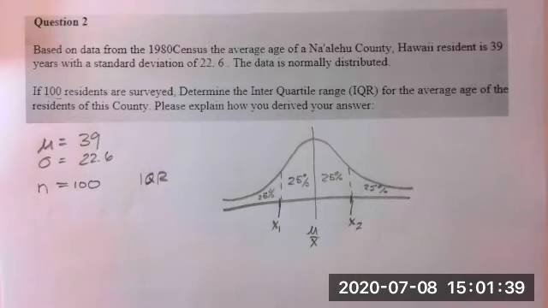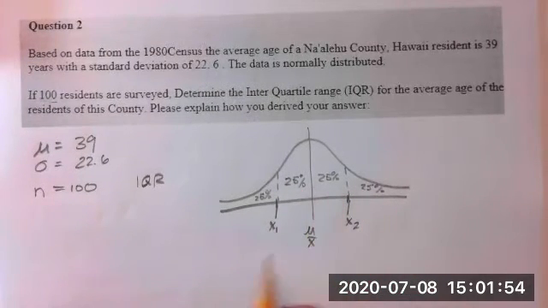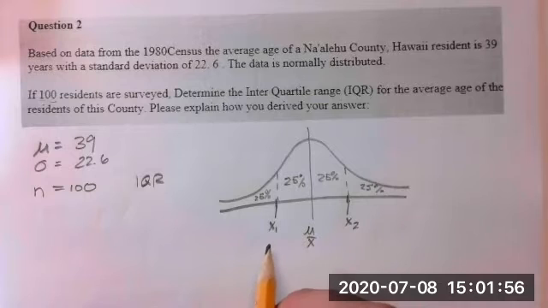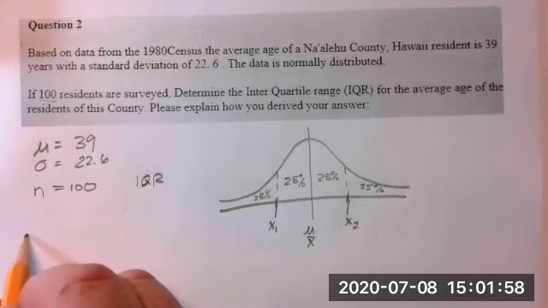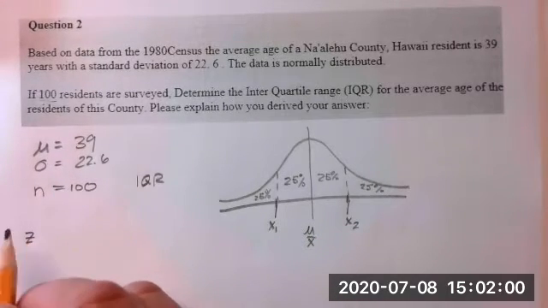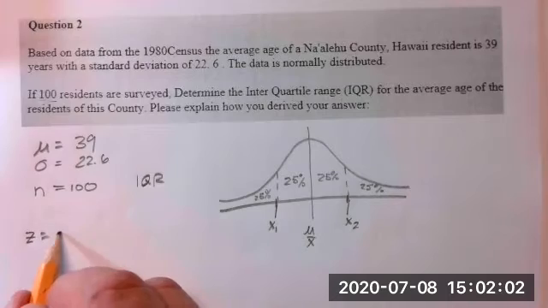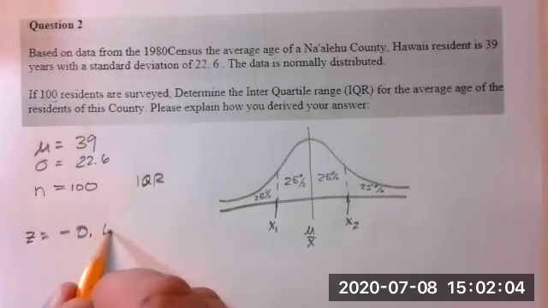There's a couple ways you can do that. You can look up the z values in a table, or you can use the inverse normal. But for the IQR, we actually know that our left z value is negative 0.674.